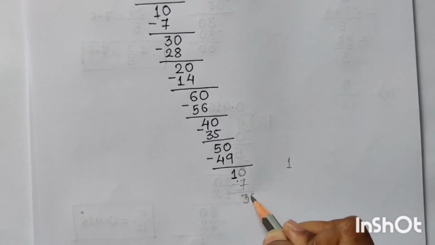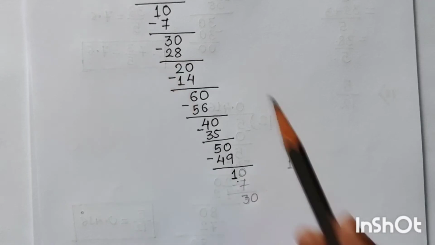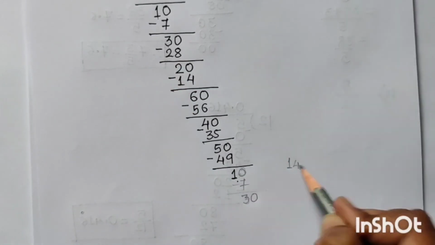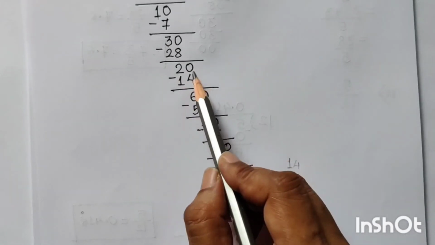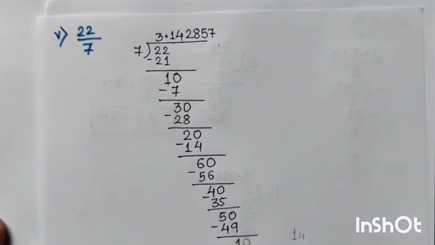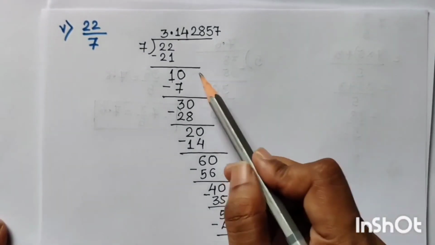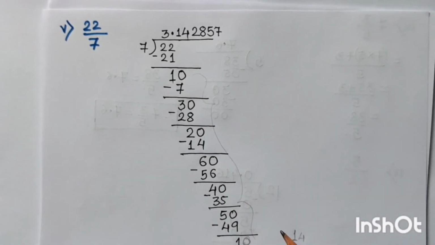Then 3, I will put a 0, and then I will be writing 7 4s are 28. That means 4 will come again. Then after subtracting 28 from 30, I will be getting 2. Then I have to put a 0. That means what I wanted to tell you, all these steps we will be getting repetitively again and again.